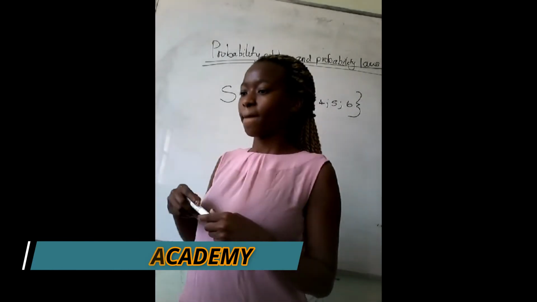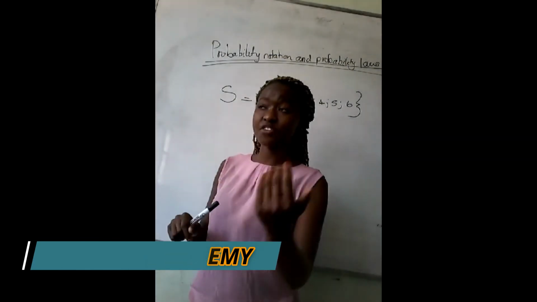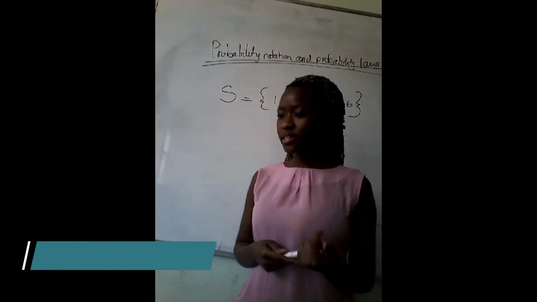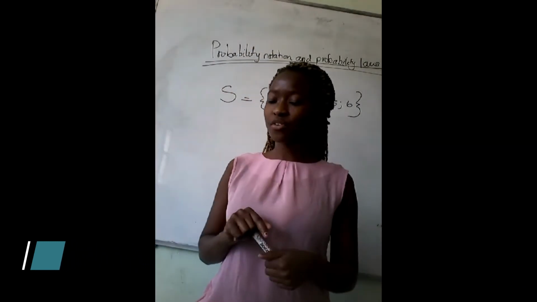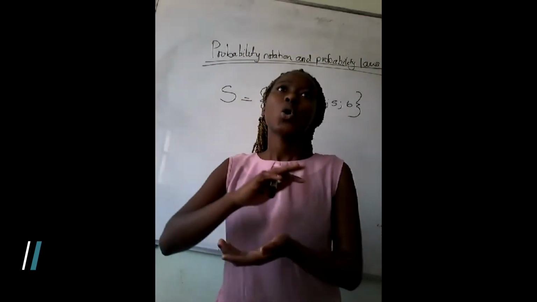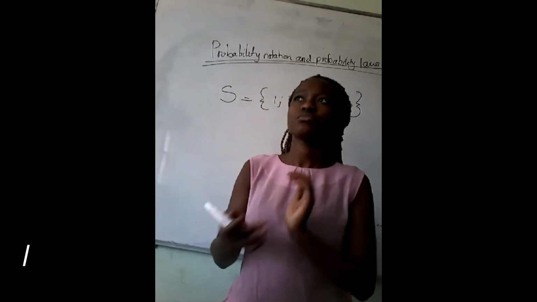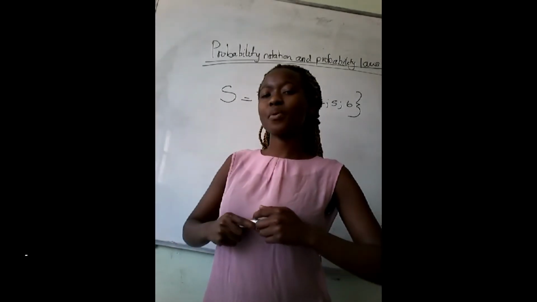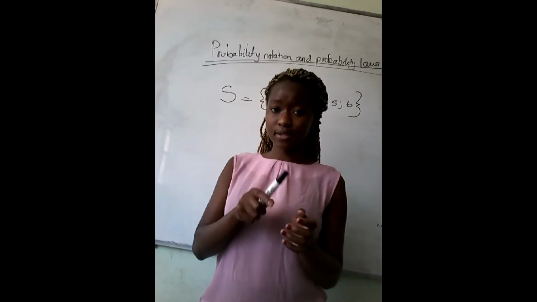And then we can define our event A, the event that we have taken. So here is an example: the score is less than 3. For example, we toss our die, and what is the probability that we obtain less than 3?